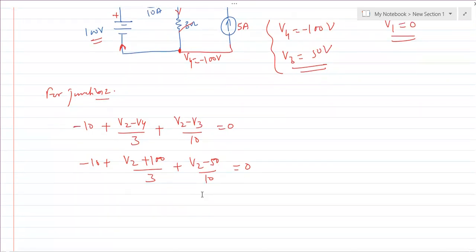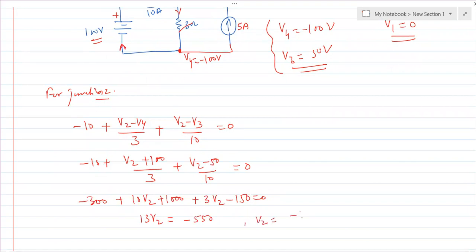Taking LCM 30, it will give you -300 plus 10 V2 plus 1000 plus 3 V2 minus 150 is equal to 0. Or we have 10 plus 3 is 13 V2 is equal to 1000 minus 300 minus 150, that is 550, and this side it will become -550.